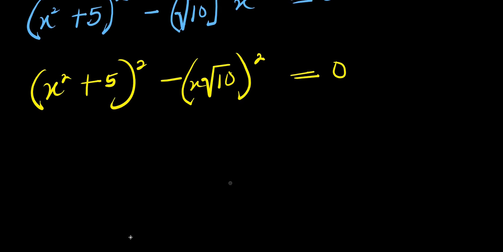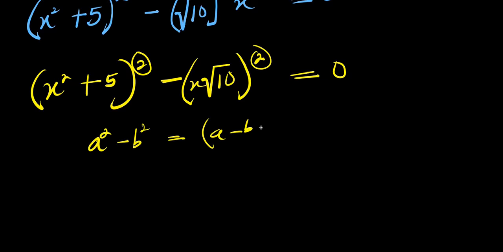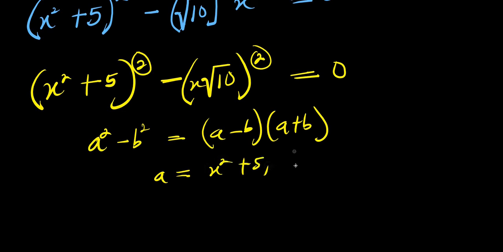So look at it, there is power 2 here, there is power 2 here, there is minus here. Difference of two squares: a squared minus b squared equals a minus b times a plus b. A is x squared plus 5, b is x times root 10.